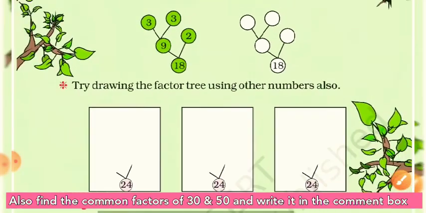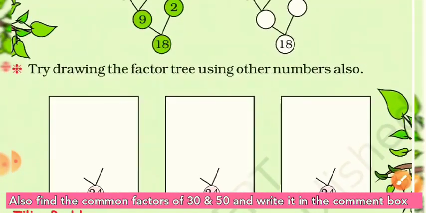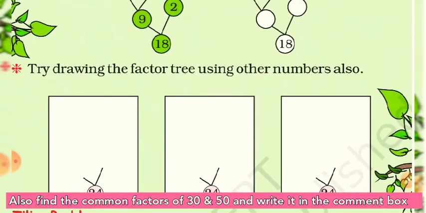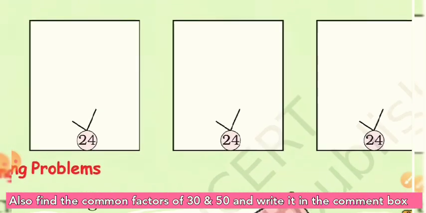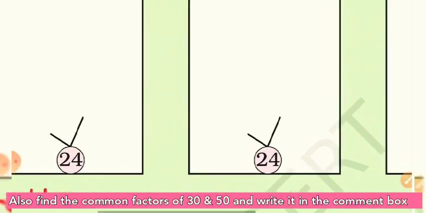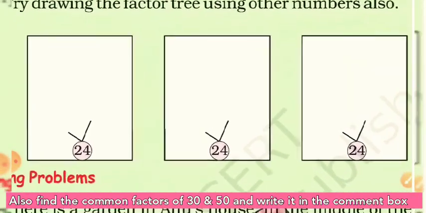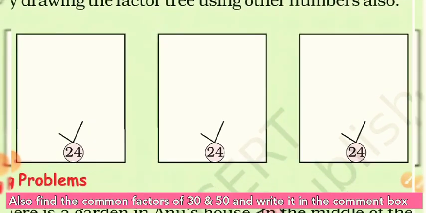Now come to the next question. Here we try drawing the factor tree using other numbers also. Here we have the factor tree for 24. So let me make this first. So 24. First thing we have to do is put 24 in all 3 boxes. In 3 different ways we have to make a factor tree.